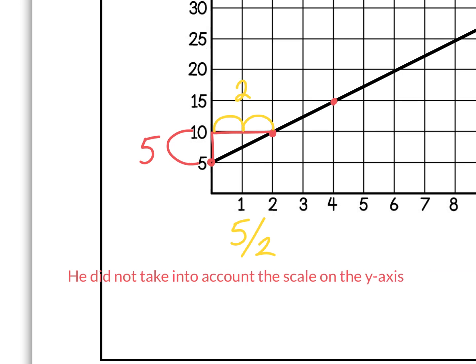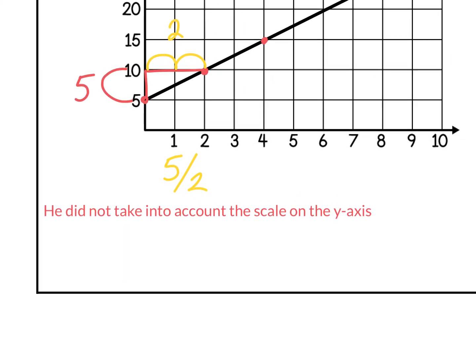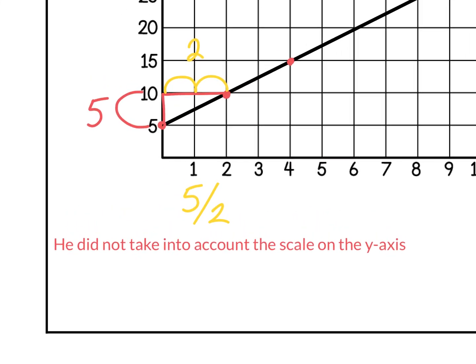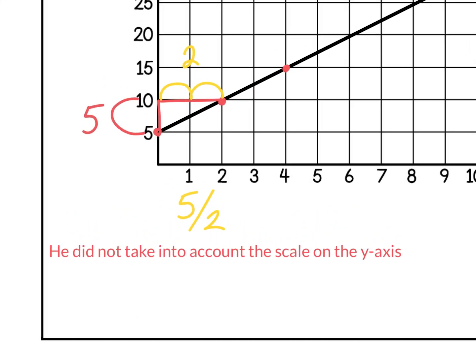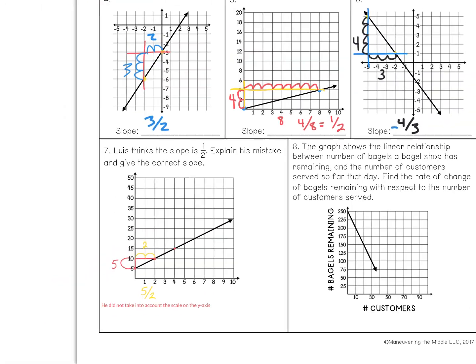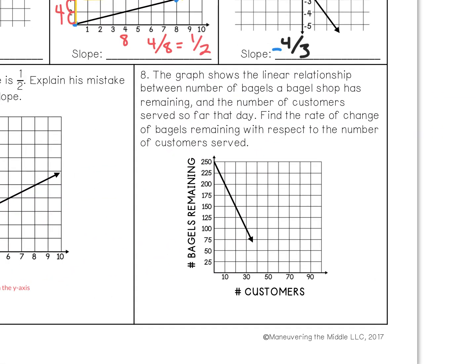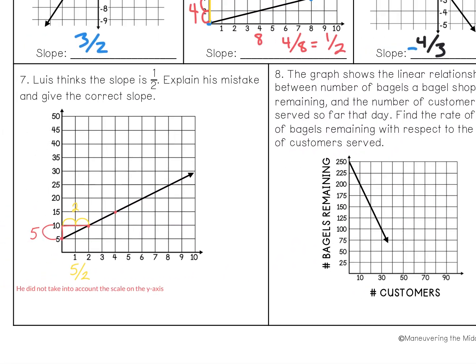Okay, he didn't take the scale into account on the y-axis. Sure, you could say he didn't read the graph correctly. And, you know, it's easy to make that mistake. Most of you made that mistake on number 3.